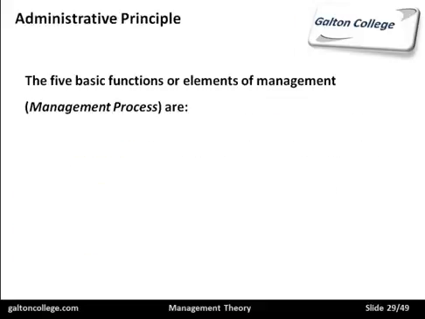Now, according to this view, the administrative view, there are five functions or elements of management. The first one is planning. Clearly, the business has to be planned. The way forward has to be planned. It has to be organized, otherwise there'll be chaos.